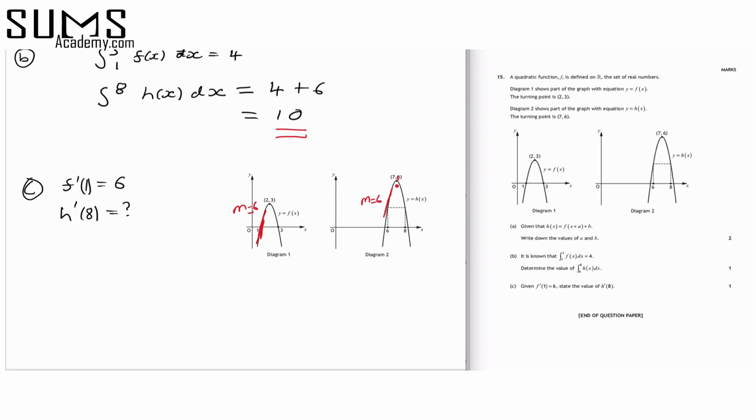And because of the line of symmetry, when this equation comes down and goes through point 8, it's going to be exactly the same, except it's going to be in the opposite direction. So m is going to equal minus 6. So your final answer here is going to be h dash of 8 equals minus 6. Right, and you just get your 1 mark there for stating that.